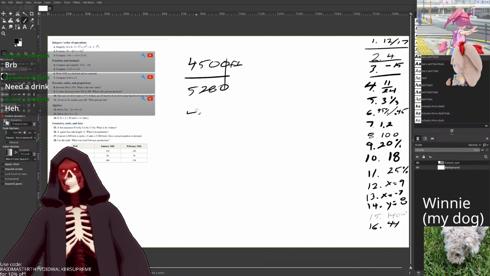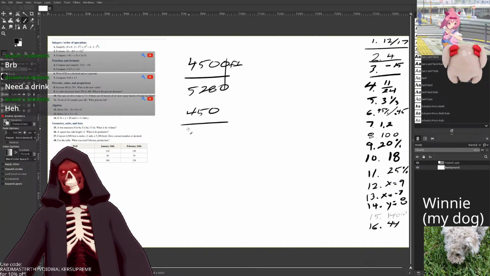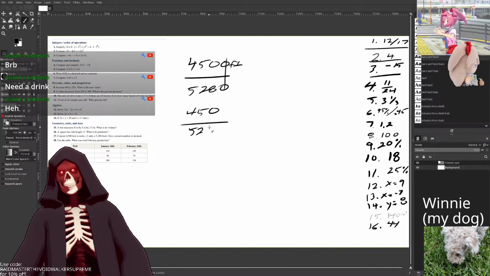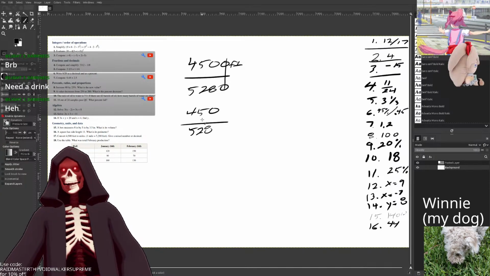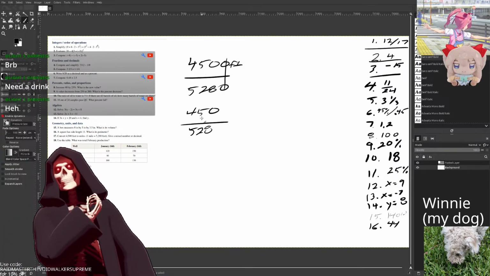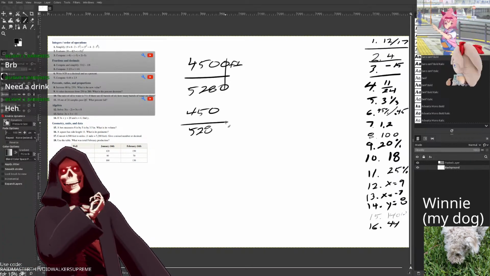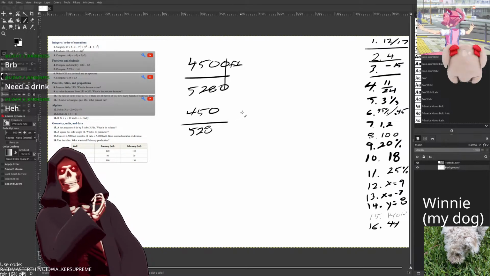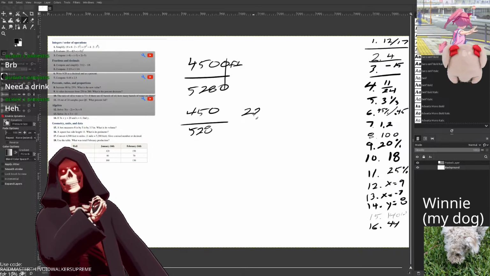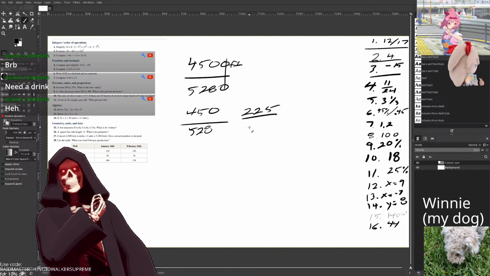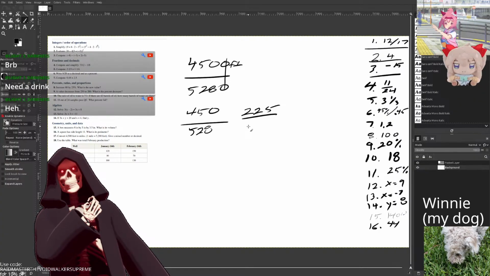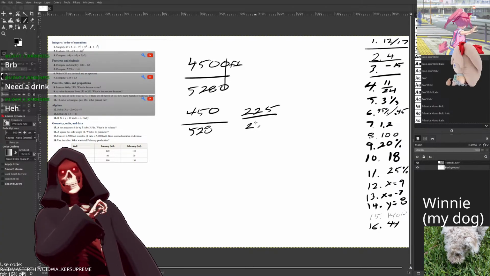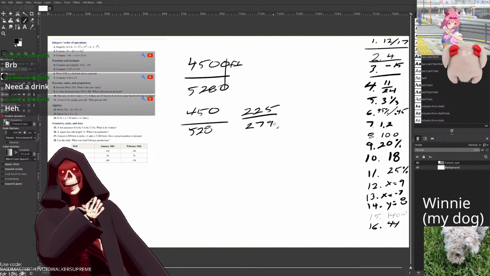Cross that down, so 450 over 528. We divide that by 2, we get 225 over 279.